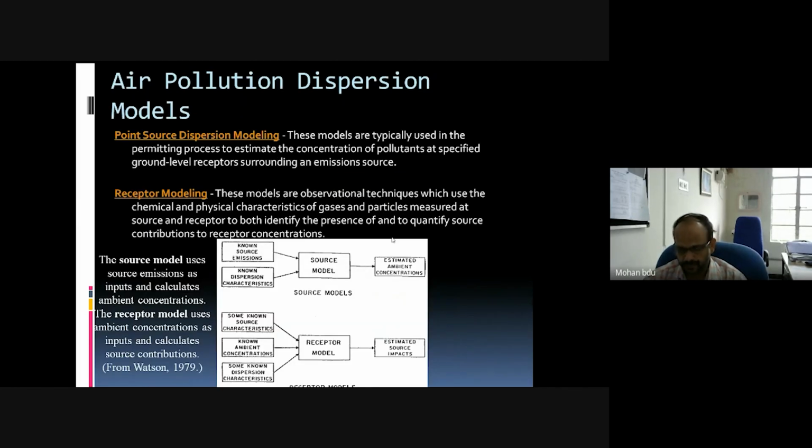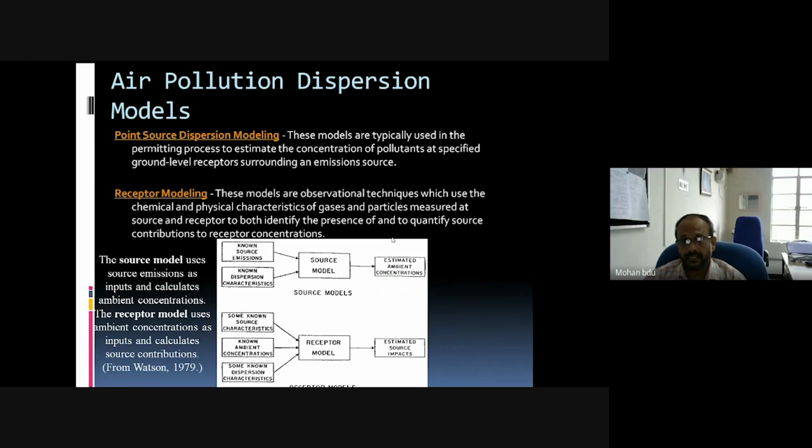And also, if there is a cement industry or an oil refinery coming up in a given location, the air pollution dispersion models can be used to assess the likely impact of this industry on the downwind direction, on a given location, how far the location downwind of the industry is located, and to what levels the concentration of pollutants will be accumulated in that area.